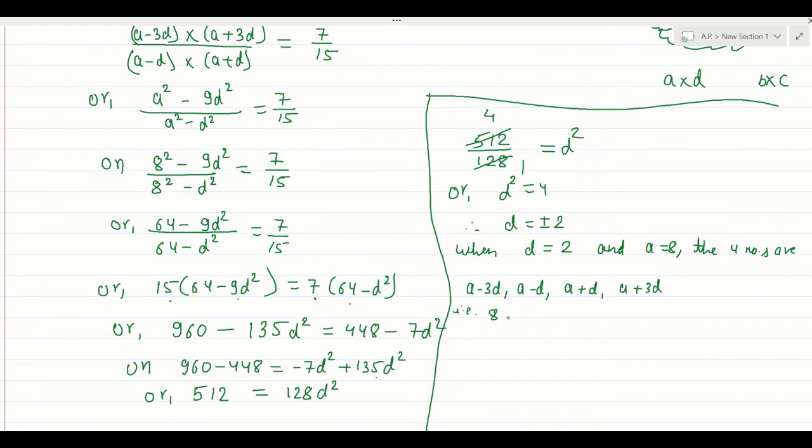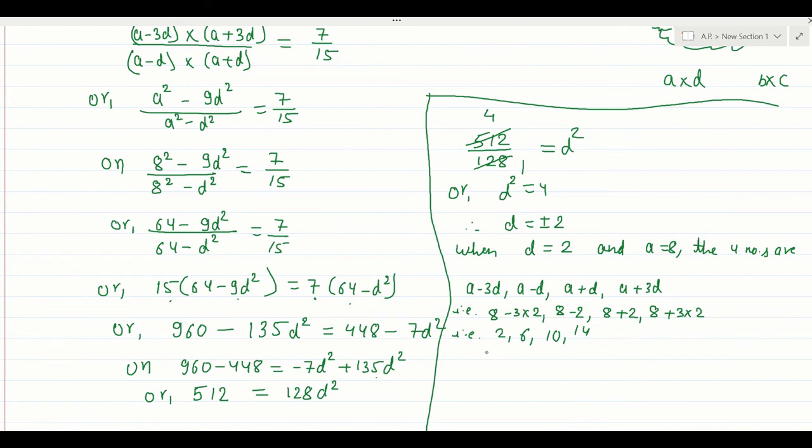A is 8. 8 minus 3 into 2, comma 8 minus 2, comma 8 plus 2, comma 8 plus 3 into 2. That is 2, 6, 10, and 14, isn't it?